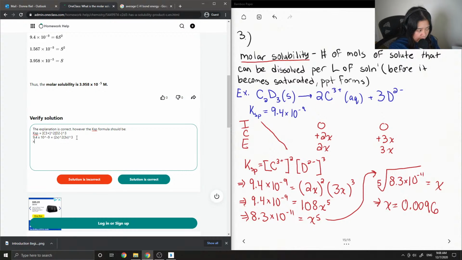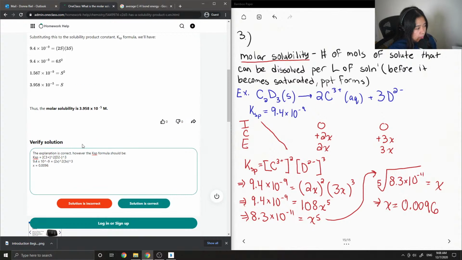Okay, so I'm not going to write all of the mathematical steps, but I just wrote that the explanation is correct. However, the Ksp formula should be Ksp is equal to C3+ to the power of 2 multiplied by D2- to the power of 3.